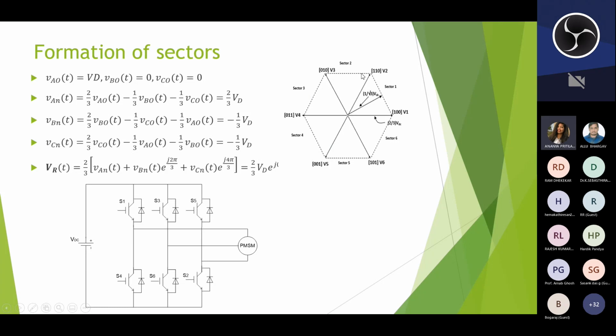Like the switching states, there are 8 states: 1 0 0, 1 1 0, 0 1 0, 0 1 1, 0 0 1, 1 0 1. And 2 zero vectors are at the center, that is 0 0 0 and 1 1 1, starting from V1 till V7. The application is mainly on our inverter, that is shown here.